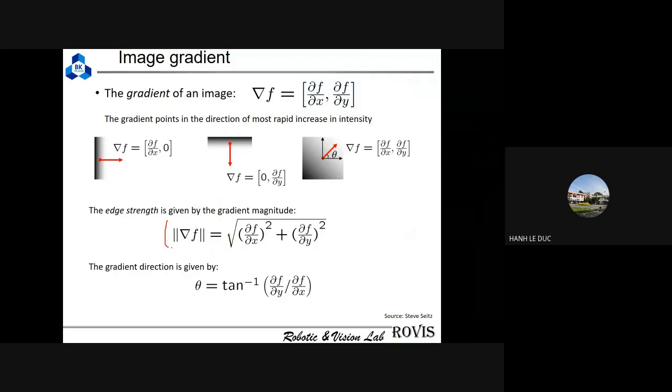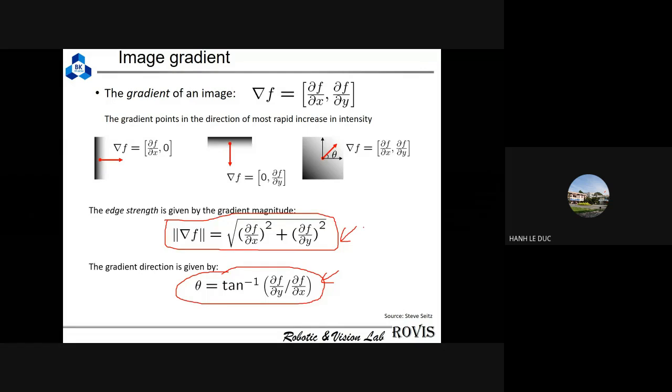This one is the magnitude, and this one is the direction. So based on the direction and the magnitude of the image gradient, we can reduce the width of the pixel.